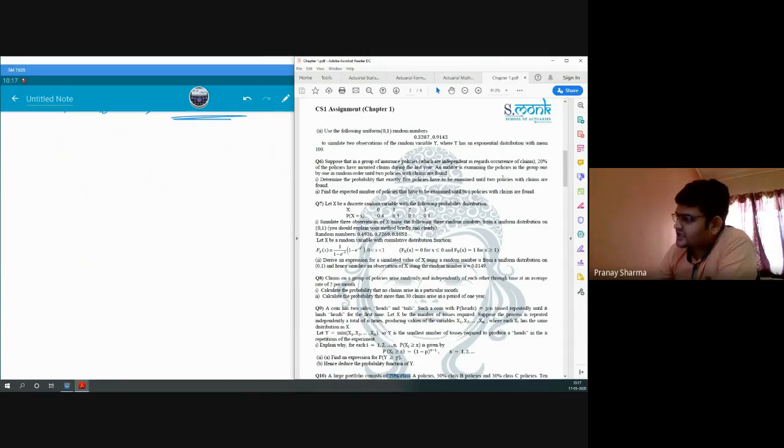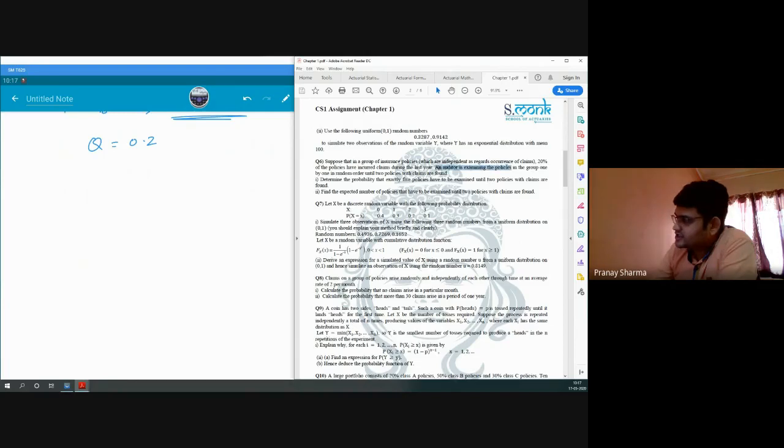An auditor is examining the policies in the group one by one in random order until 2 policies with claims are found. Now see, first of all, they have given us probability. So theta is given, 0.2.